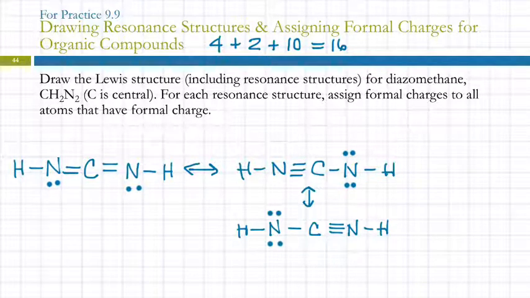So let's look at this guy over here. Here's a nitrogen with 4 bonds. That's not going to be 0. So let's figure it out. Nitrogen has 5 valence electrons. And if we cut up this molecule, cut all the bonds in half, nitrogen leaves with 4. So 5 minus 4 is plus 1. How about the carbon?